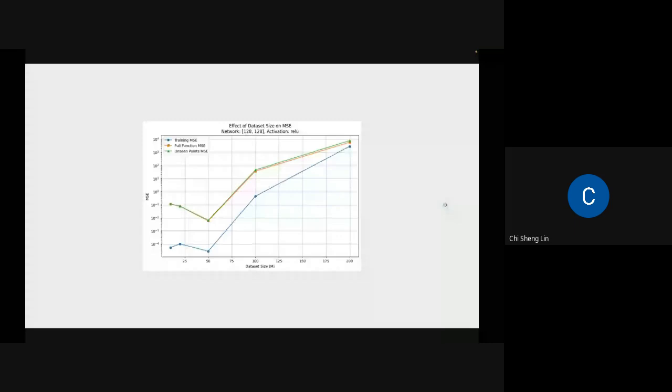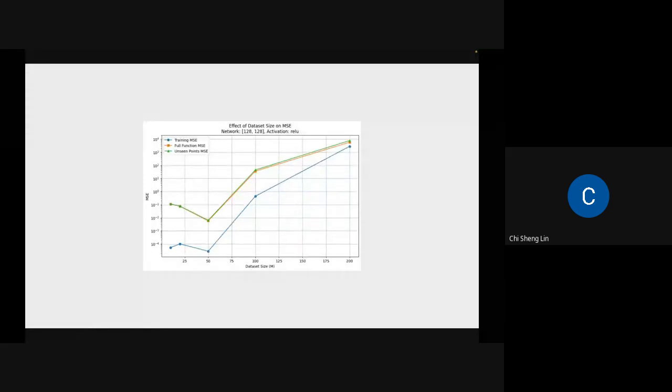Okay. Now I'm going to discuss the effect of data set size on MSE. In this plot, the x-axis is the data size in million, and the y-axis is MSE in log scale.